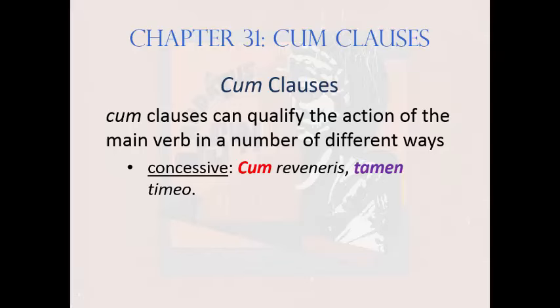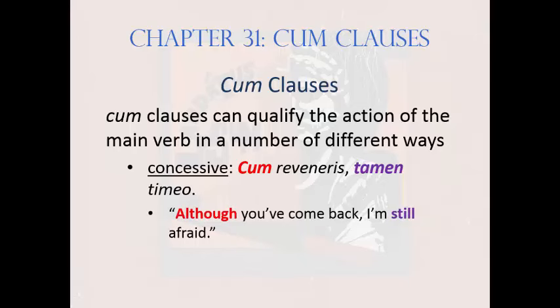I thought everything was headed this way, but things ended up going that way, completely different from what I and logic would have predicted. The English word used to signal this concessive sense is although. So, where Latin says, cum revenisti tamen timeo, English would say, although you've come back, I'm still afraid. Who could have seen that coming?